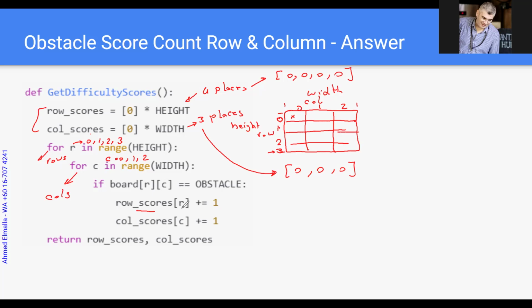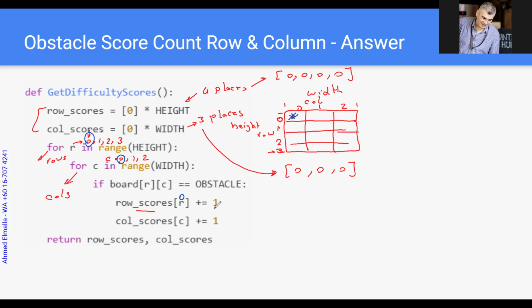So imagine, let us try it like this. When R is equal to 0 at the start here, and C is equal to 0, what we do here is we check if this is an obstacle. If there is an obstacle here, with the assumption that R equals 0, we will increment the row scores by 1, okay?